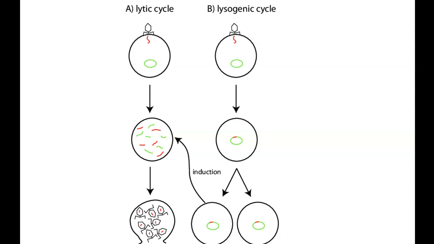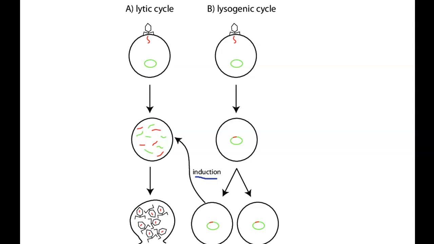Maybe the cell is stressed out, maybe it's been exposed to chemicals or radiation, and that viral DNA is like, I'm out of here because this is going south fast. And now we're going to cross over into the lytic cycle. This crossing over and going into the lytic cycle is what we call induction. So induction is going from the lysogenic to the lytic cycle.